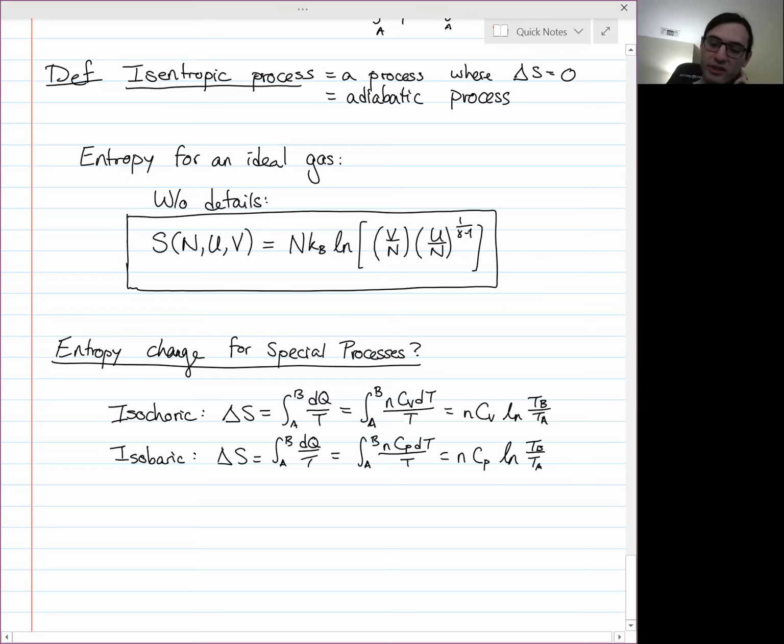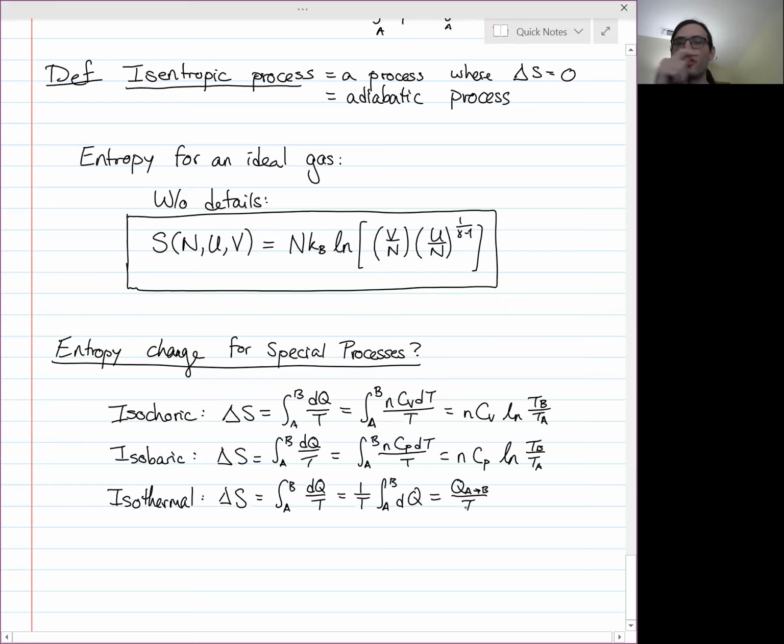For an isothermal process, it's a little bit more complicated, so bear with me. We have delta S, which is again an integral from A to B of dq over T. Because it's isothermal, we can factor the T out of the integral. So this is the integral from A to B of dq, which is just the total heat exchanged during the process from A to B. You add up all the small amounts of heat added, you get the total heat added.